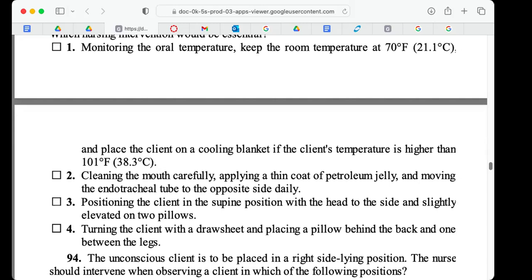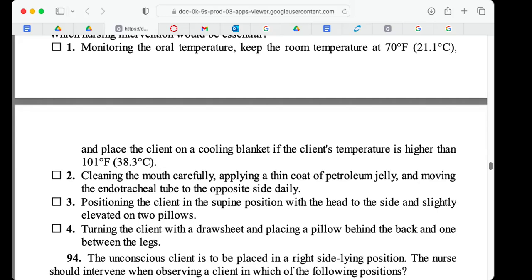Okay. So, Professor, what's the rationale for putting petroleum jelly? To prevent dryness, to moisturize. When someone's intubated, their mouth is kind of open a little bit.